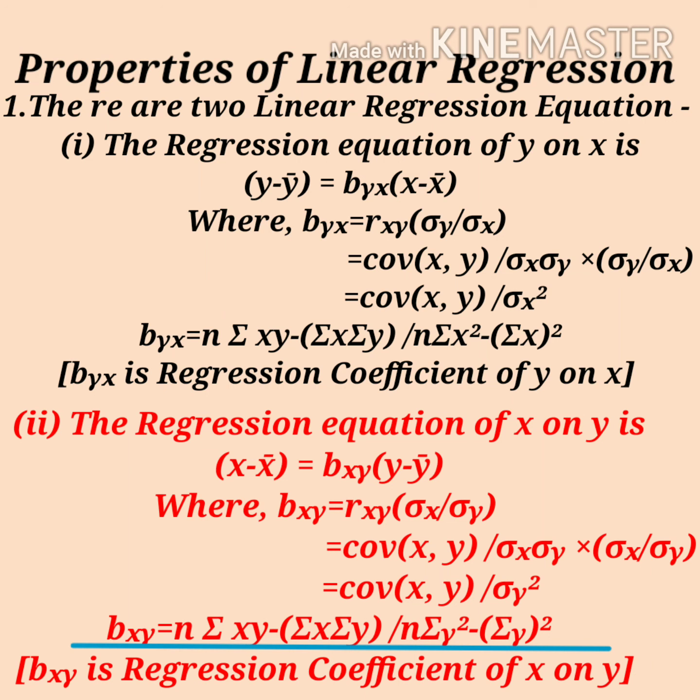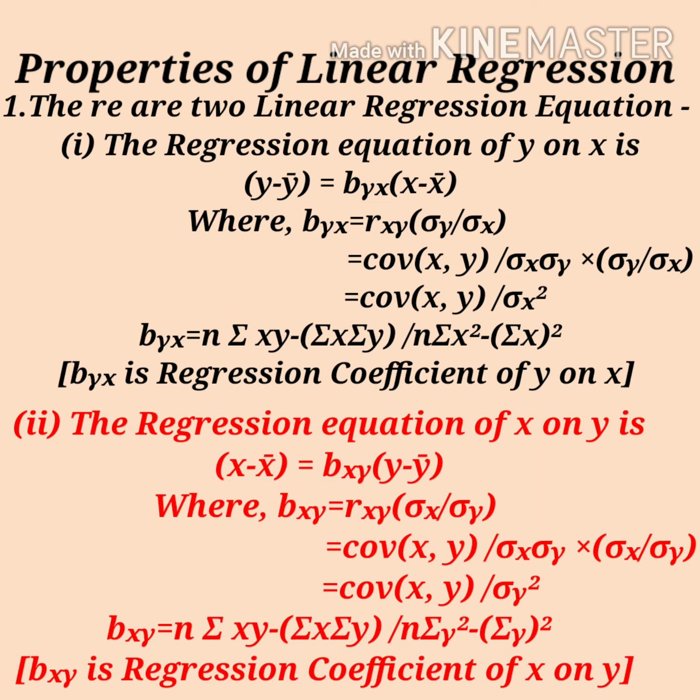So student, here you should remember one thing. When we say the regression equation of y on x, it will be y minus y bar, means y should come first. Then when we write b_yx, obviously y should come first, then x, and x minus x bar.